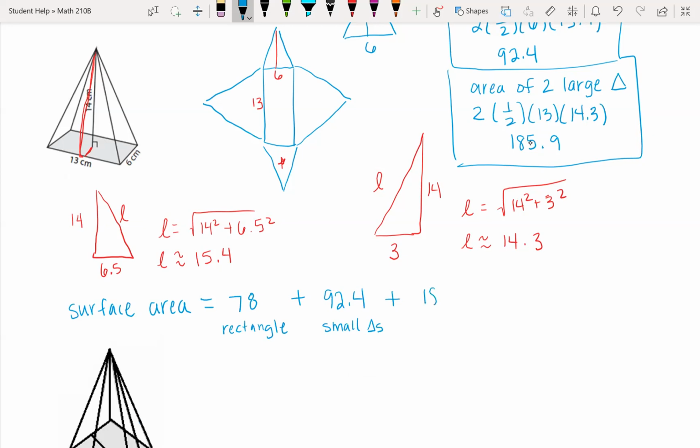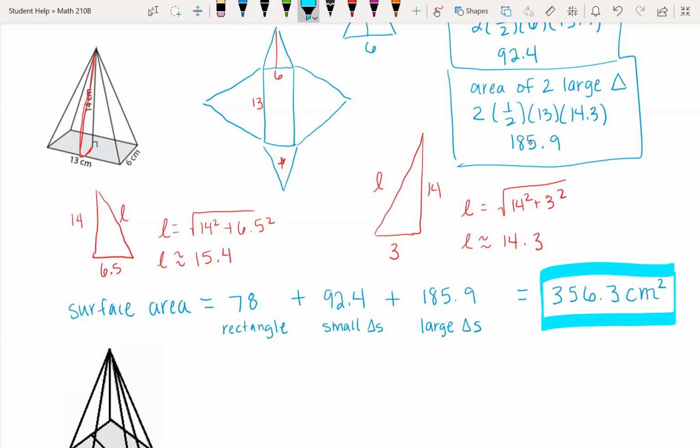And then we have 185.9, which are the large triangles. 78 plus 92.4 plus 185.9 is, I'm getting 356.3 square centimeters. Okay.